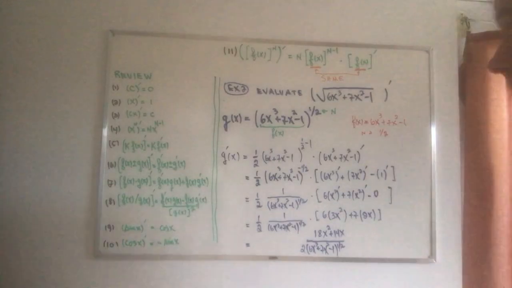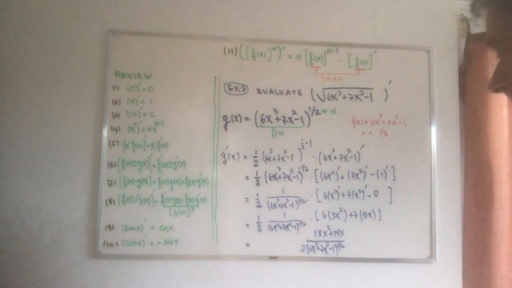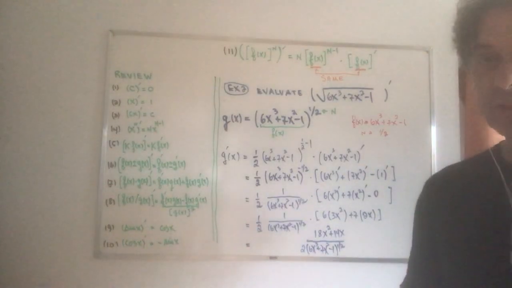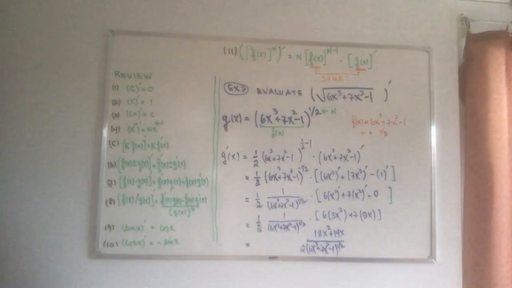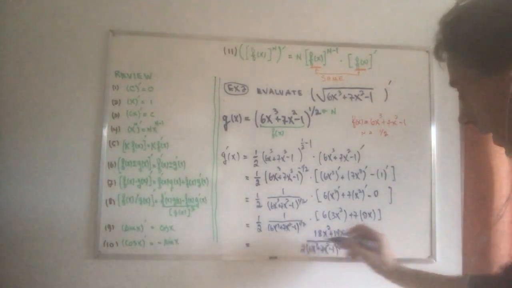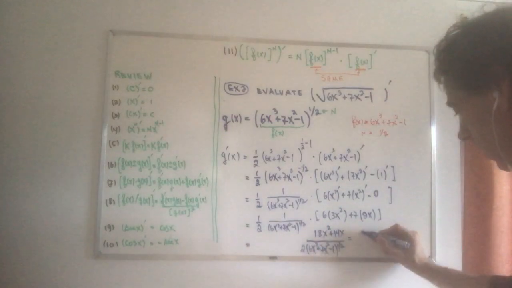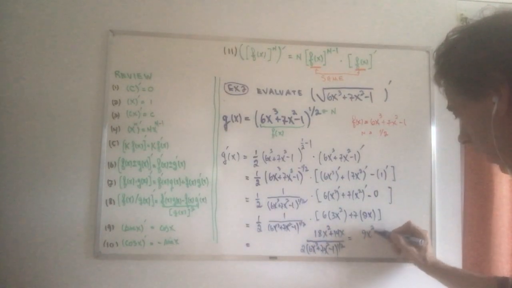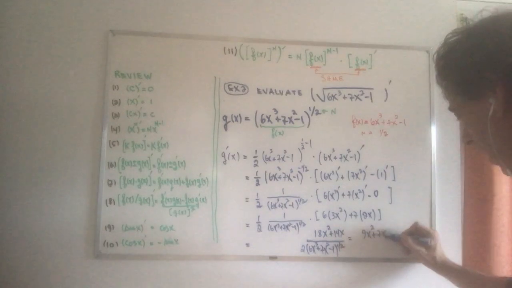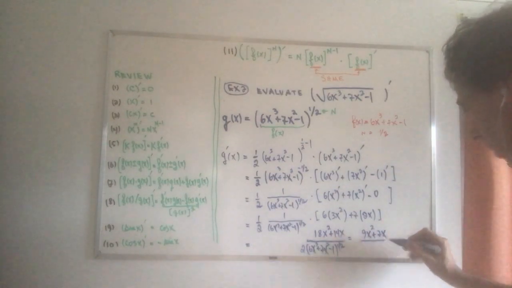That could be a good answer if we don't have to simplify. But if we do have to simplify, do you have a suggestion? Yeah, take a 2 out of the numerator and cancel it with the 2 at the bottom. So 9x squared plus 7x. What did I do here?